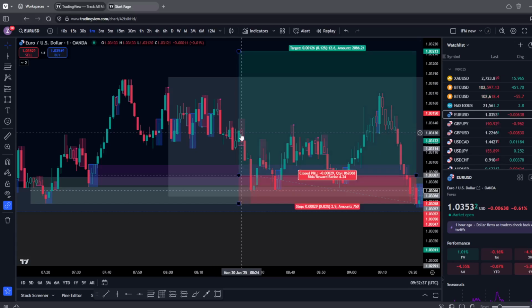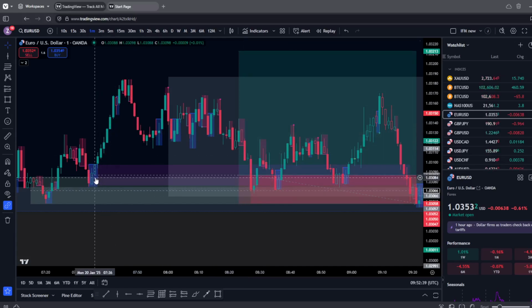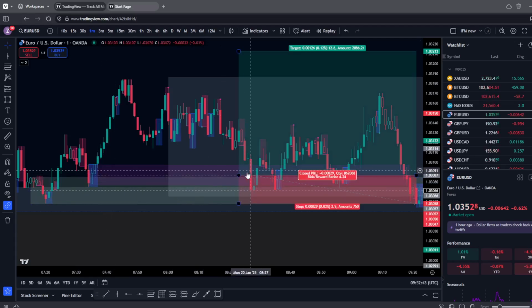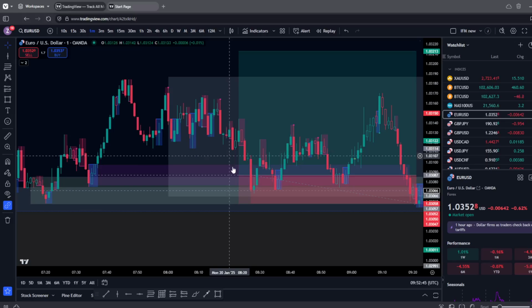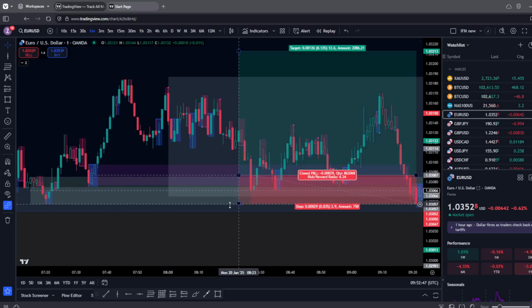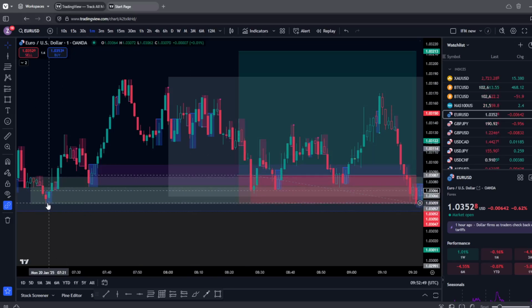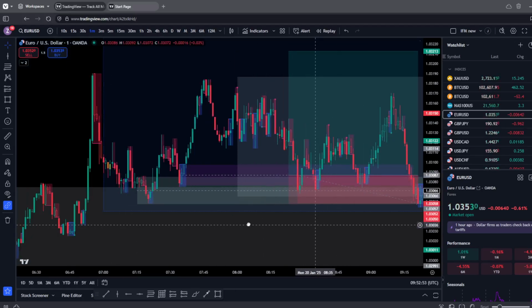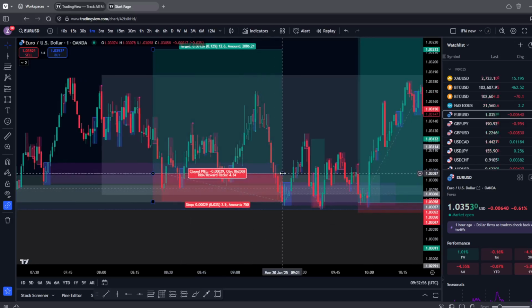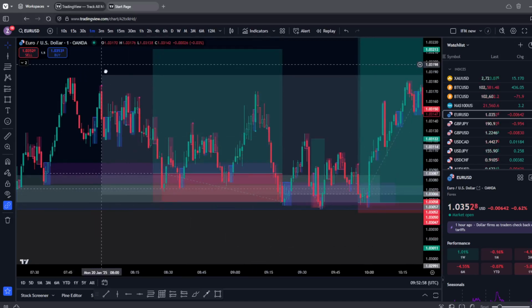Once the price comes back to the 50% of that 1 minute zone, you place a limit. Wait for price to come to the 50%, and your stop loss is going to be the 5 minute low, the 5 minute engulfing you marked that gave you that trade.